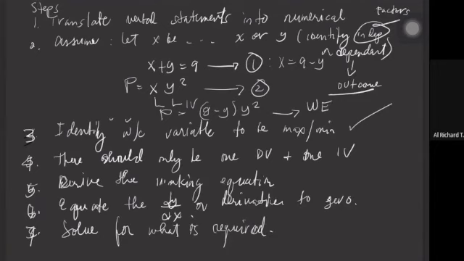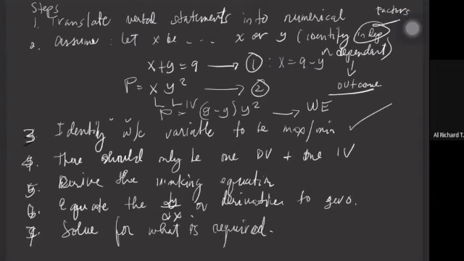This is where you start deriving. That's why it's very important for you to identify in step number 3 which variable is to be maximized or minimized in the problem. In this problem that we're talking about here, we're not maximizing the sum, we're maximizing the product. So the P is the one to be maximized.